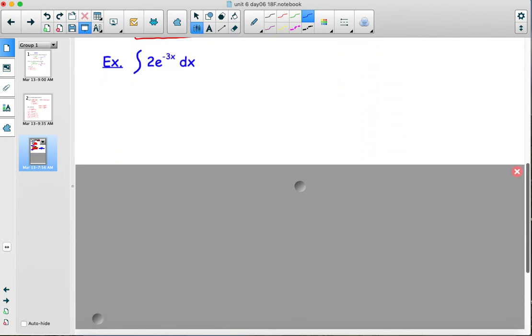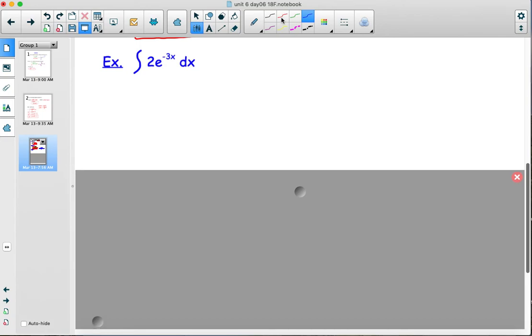How about the integral of 2e to the negative 3x? So let's start with basics. We know the derivative of e to something is e to something. So we start there, plus a constant. Now if I differentiate this, I'm going to get 2e to the negative 3x, but then with the chain rule, I have to multiply times the derivative of negative 3x, which is negative 3.